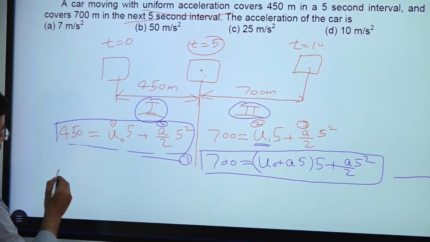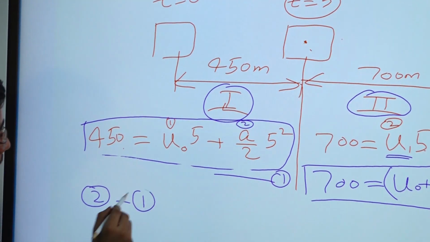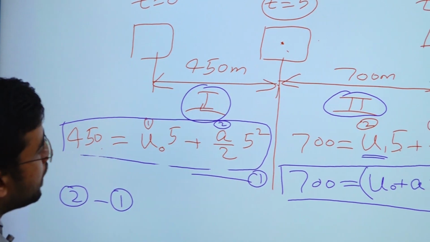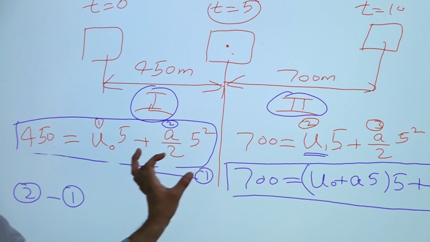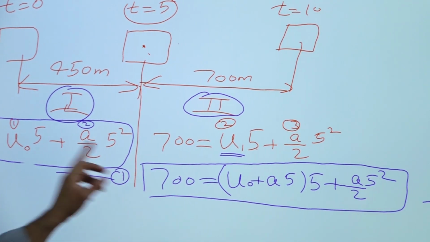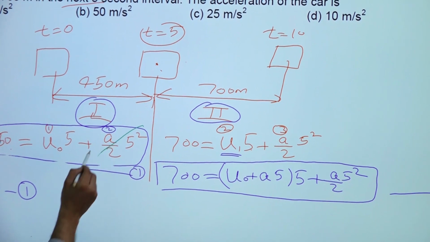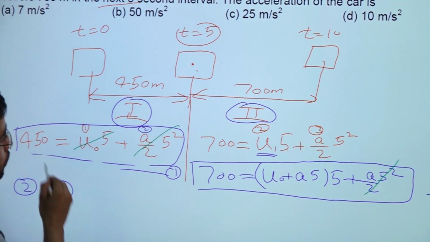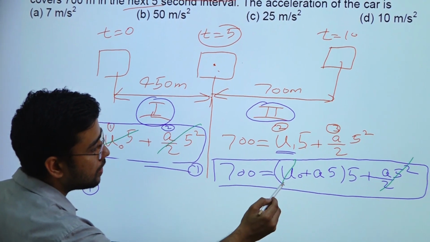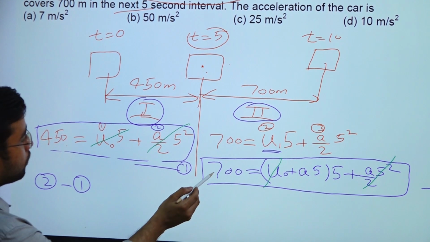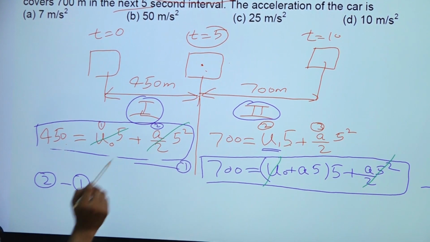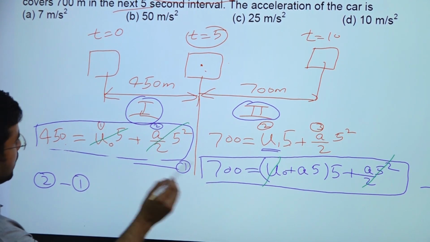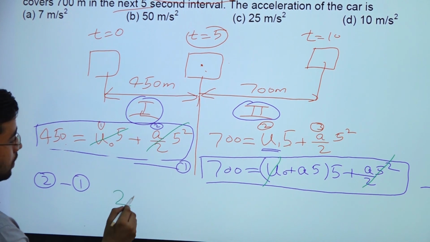So I am going to do equation 2 minus equation 1. I am just subtracting 1 from 2. All this little bit of calculation you have to do in your mind itself. When you subtract 1 from 2, this term a into 5 square by 2 will cut down, right? And the term u0 into 5 will also cut down. And when you subtract 450 from 700, what do you get? 250, right?